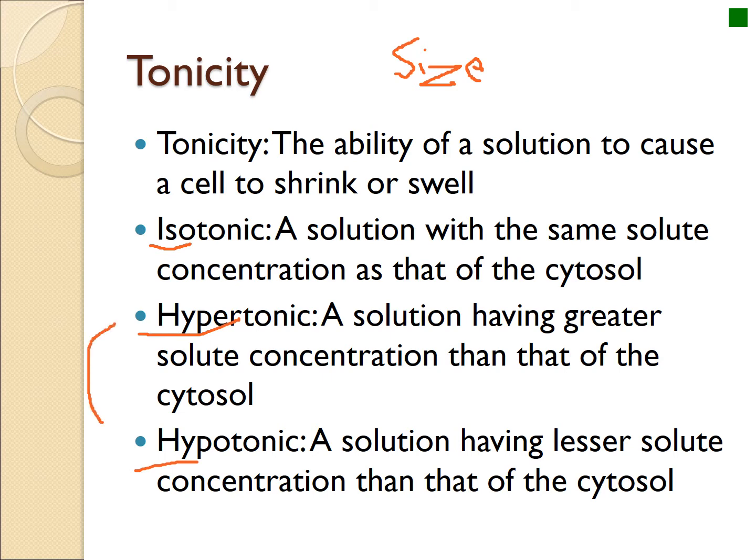These are somewhat interchangeable at times, as we will see, depending on the perspective of the cell. So something that is isotonic means that the cell has its normal shape, size, or tension. That's actually what tonic means. And that means the solution is the same inside the cell as outside.